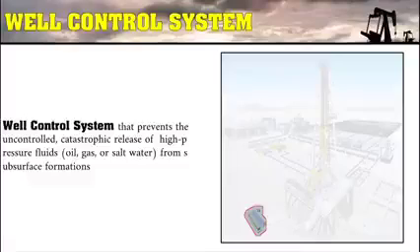These uncontrolled releases of formation fluids are referred to as blowouts. Due to the explosive nature of oil and gas, any spark on the surface can result in the ignition of the fluids and an explosion on the rig.